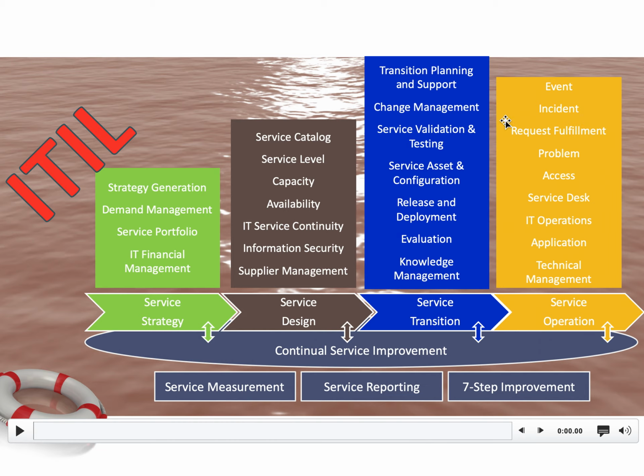Let me go back one and go over to the blue here. Here's another book or chapter that is a topic of consideration. Service asset and configuration. So think about an organization that has 100,000 employees and lots of things, lots of IT equipment that's checked out to them or that they use at work.